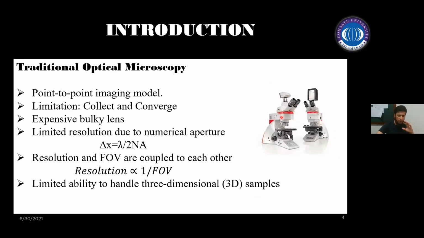The traditional optical microscope requires expensive and bulky lenses, and the resolution is dependent upon the numerical aperture. The resolution and field of view in the traditional microscope are inversely related or coupled to each other, and we cannot handle 3D imaging very easily in traditional microscopy.